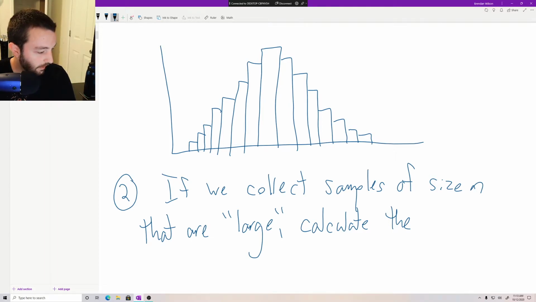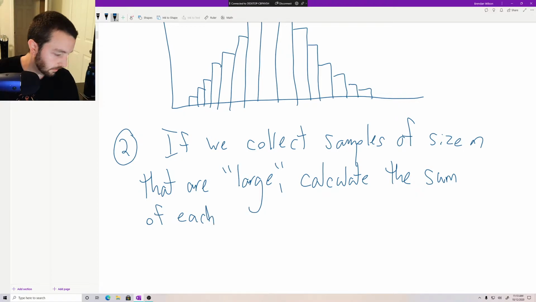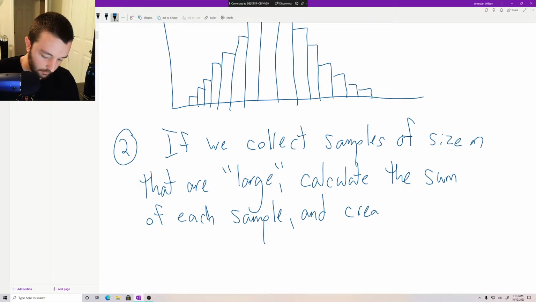Sorry, it's in this paragraph, so it's hard for me to keep track of where it is. Calculate the sum of each sample and create a histogram.